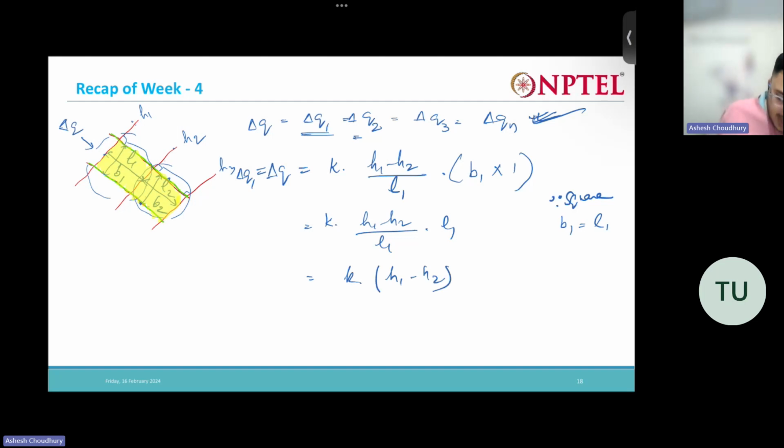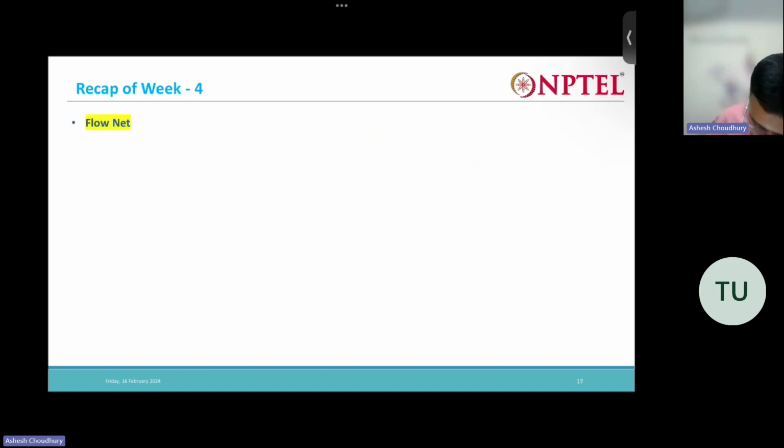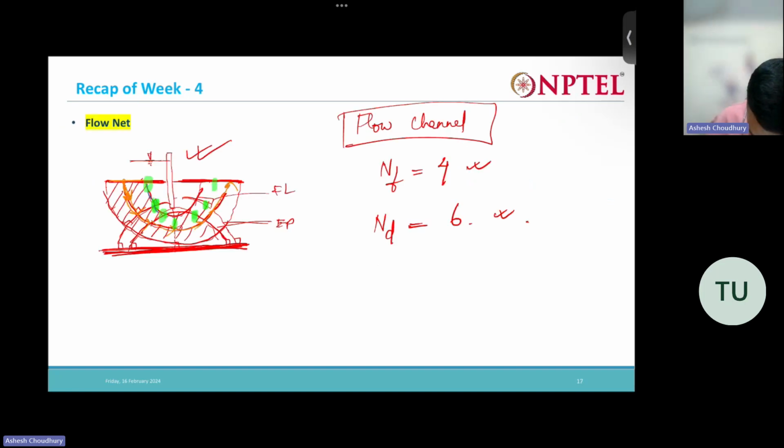Done. Now there are several head drops that we are considering, right? H1 to H2, then H2 to H3, like this, several head drops are actually occurring from here to here. Now, H1 minus H2 will be equal to H2 minus H3.